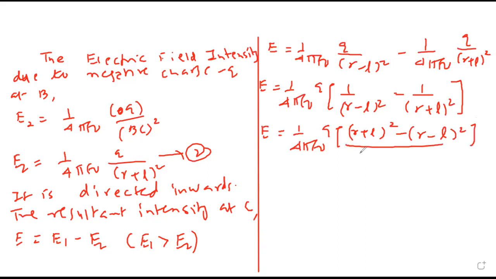The denominator will become (R minus L) square (R plus L) square by cross multiplying.